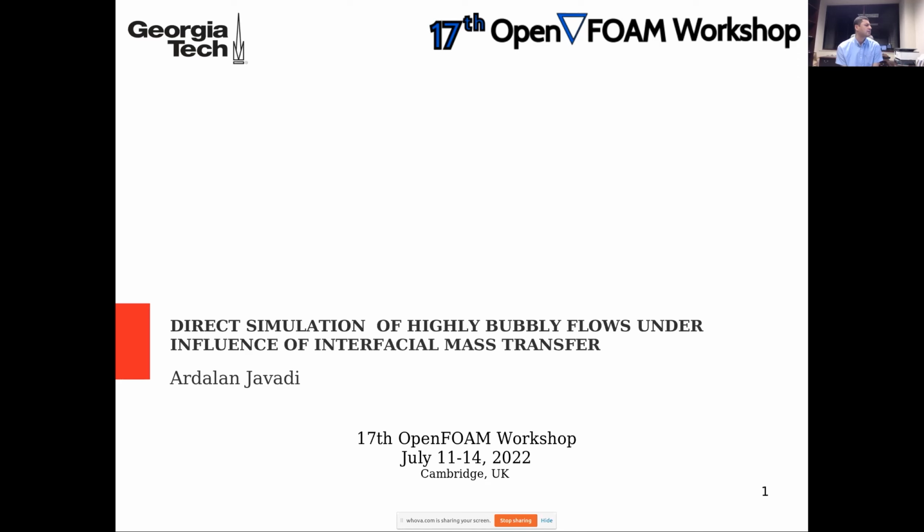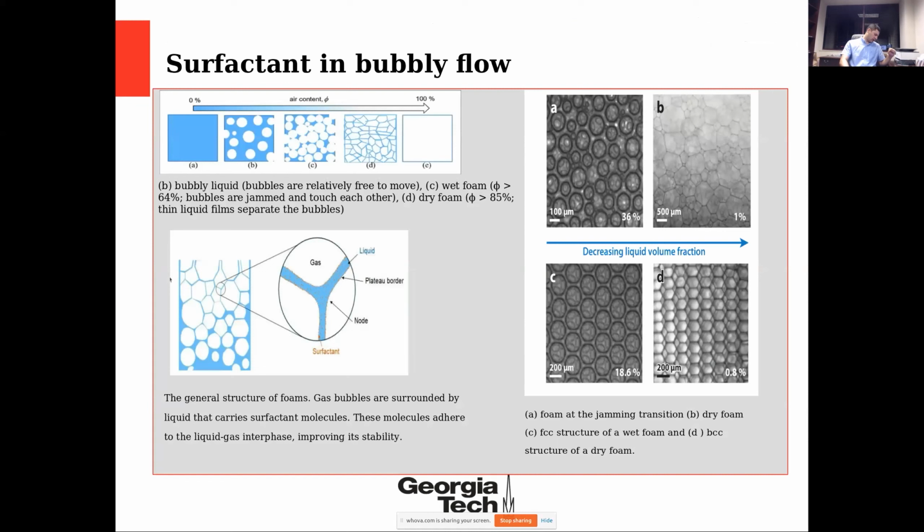I'm Ardalan Javadi from Georgia Tech, and the title that I will present is direct simulation of highly bubbly fluids under influence of interfacial mass transfer. In general, we did this work for the paper industry.